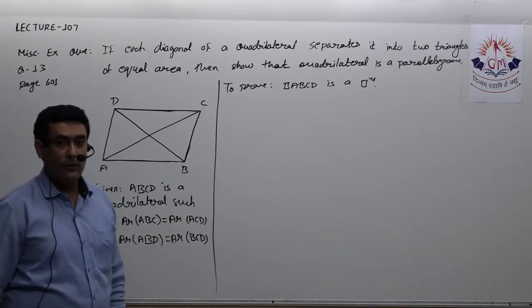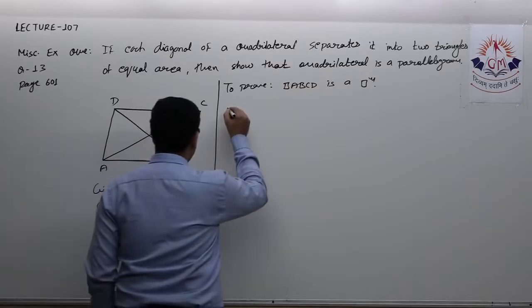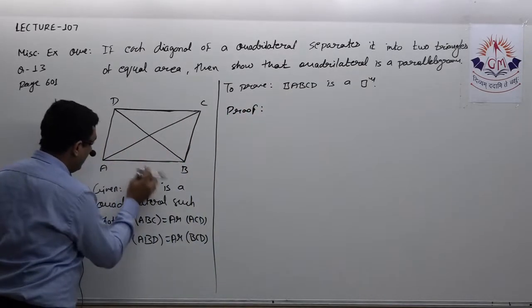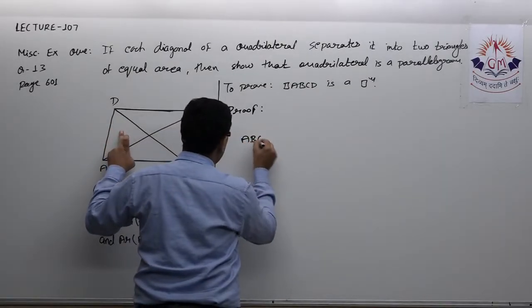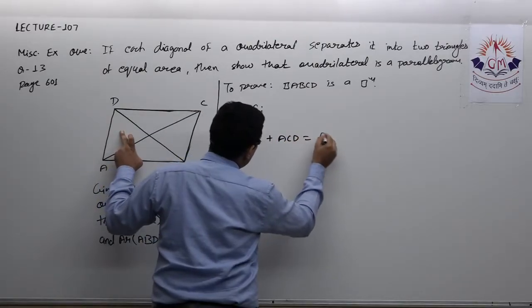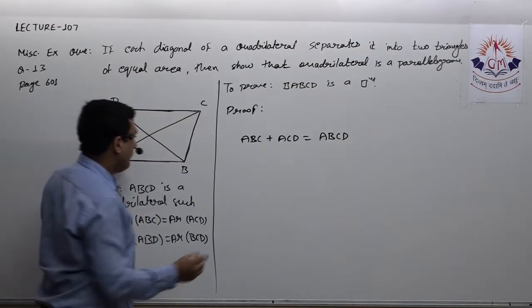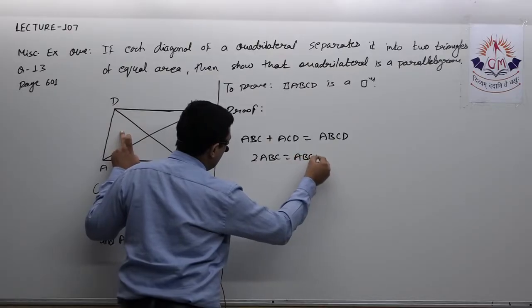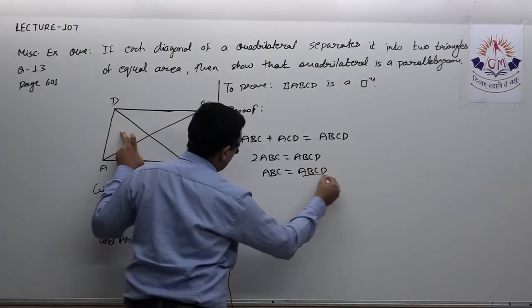its both pairs of opposite sides are parallel, or any one pair of opposite sides is parallel and equal. So see how to prove. First I will give you the solution in short. It is given that ABC equals ACD. So ABC plus ACD is equal to ABCD, that means twice ABC is equal to ABCD, or ABC is equal to ABCD by 2.